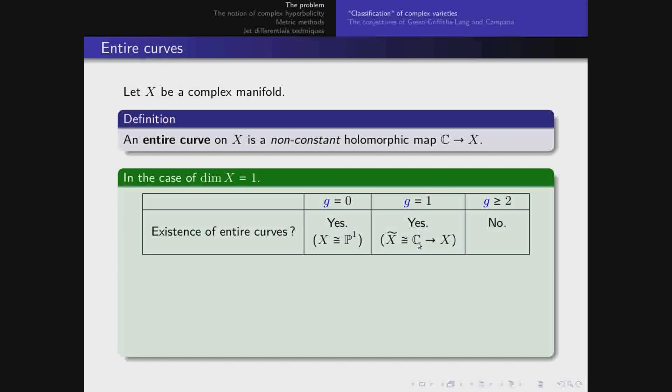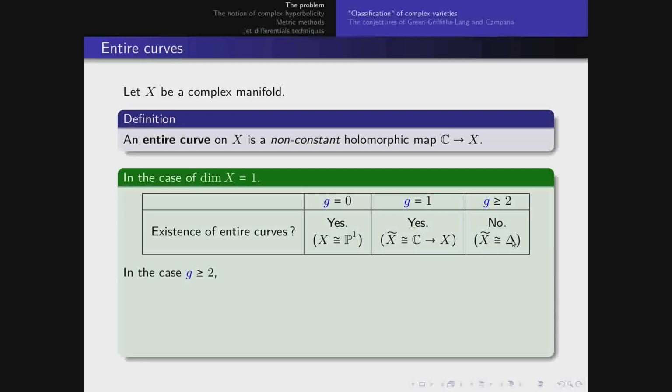But in the last case, you will not find any entire curve on a projective curve of genus higher than or equal to 2. And why is that? Well, it comes simply from the fact that the universal cover of X in that case is the unit disk.